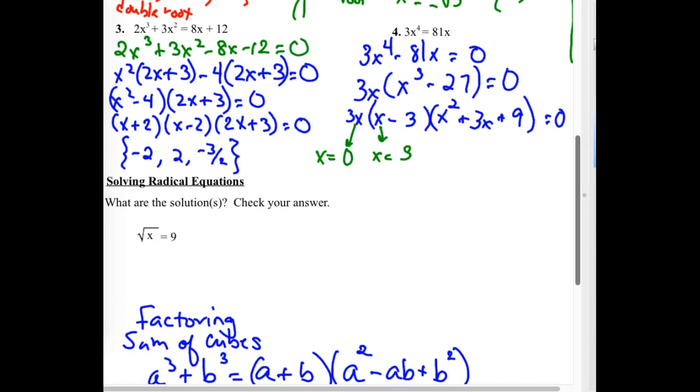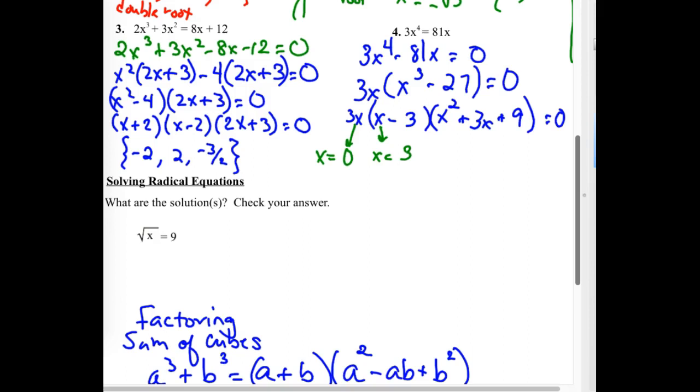There is a middle term, so square rooting isn't going to work. We could complete the square, but we'd end up moving the 9 out of the way and having to cut the 3 in half, which means we're going to have a fraction. Since that gets a little messier, the best option in this case would be just using the quadratic formula.